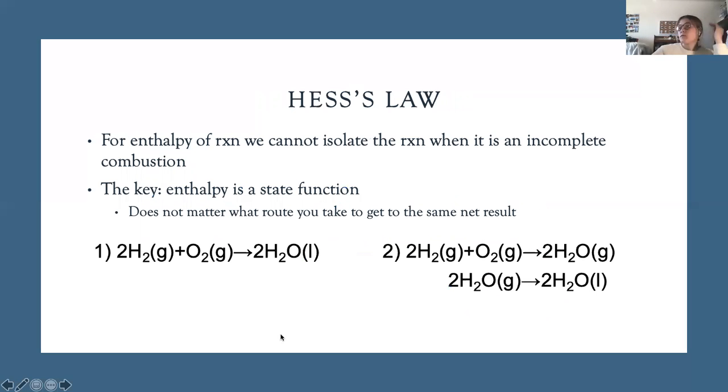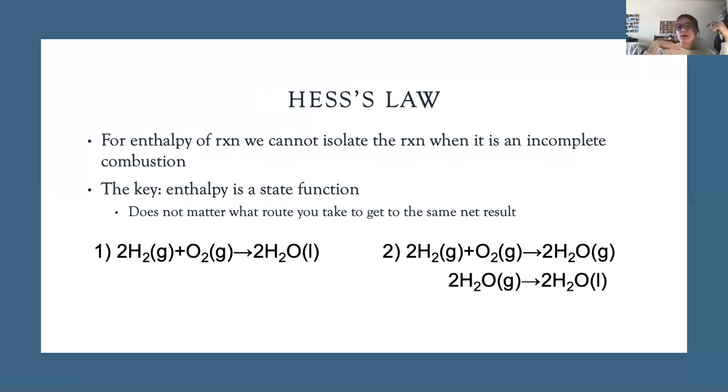All right, moving into Hess's law. So for an enthalpy reaction, we cannot isolate the reaction when it is an incomplete combustion. In an incomplete combustion, we get this product of carbon monoxide, which makes the amount of CO2 immeasurable.